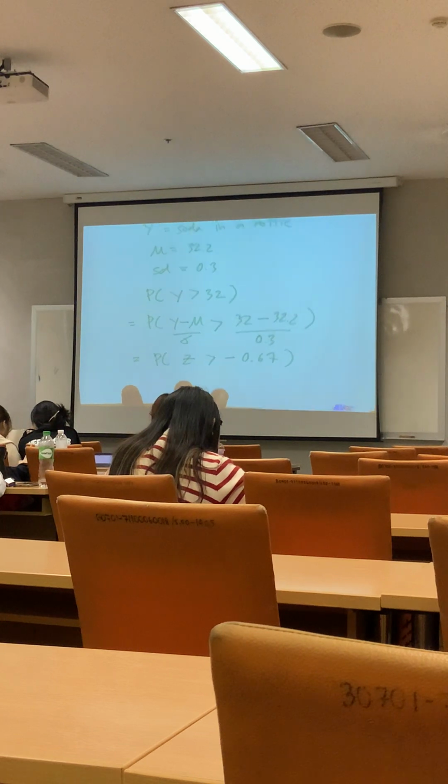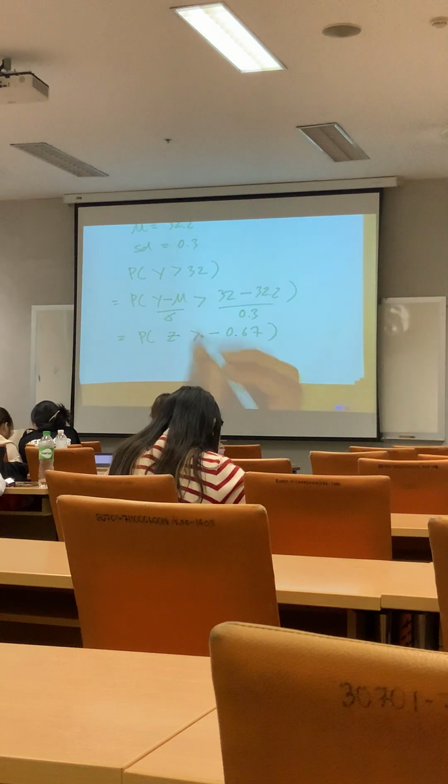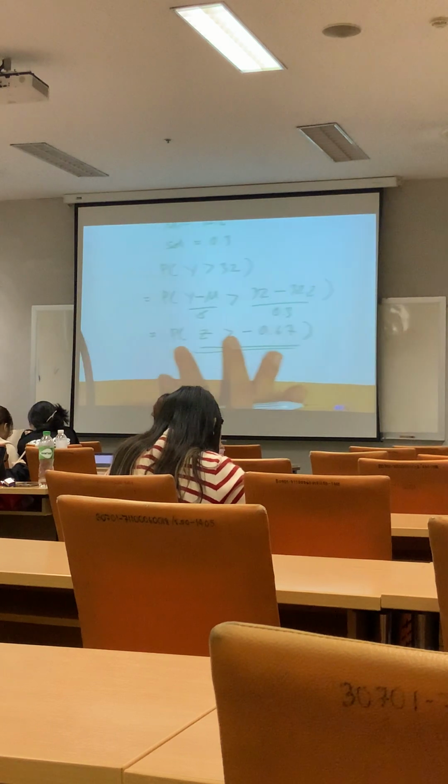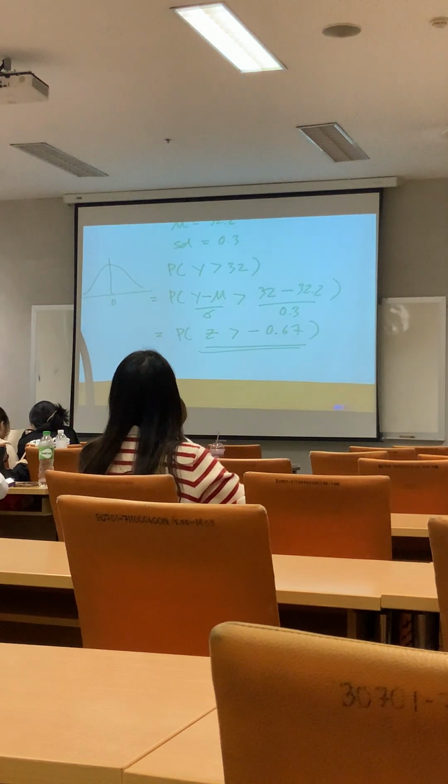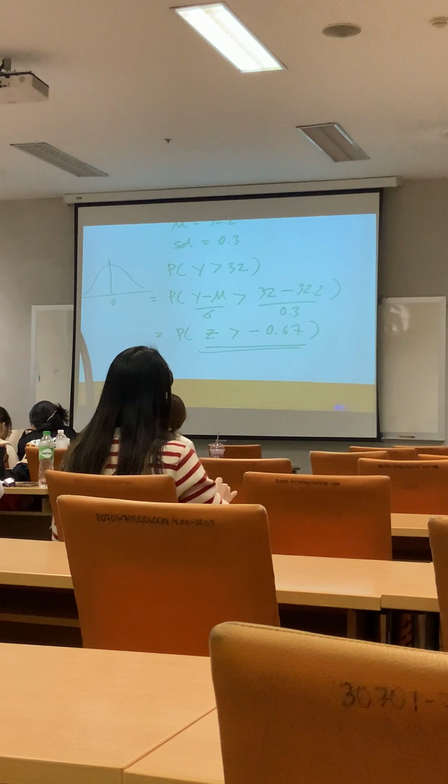So if you want to know that, what you can do is open a stat table, right? Go and look at the stat table, and the stat table that we have only tells you the positive, right?